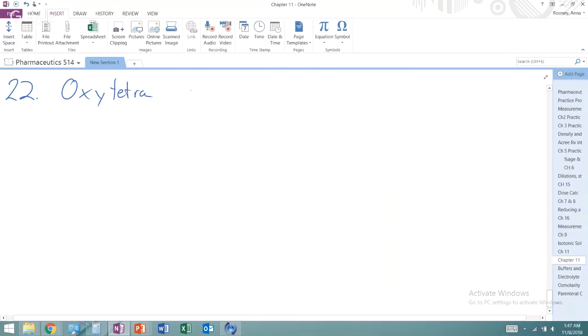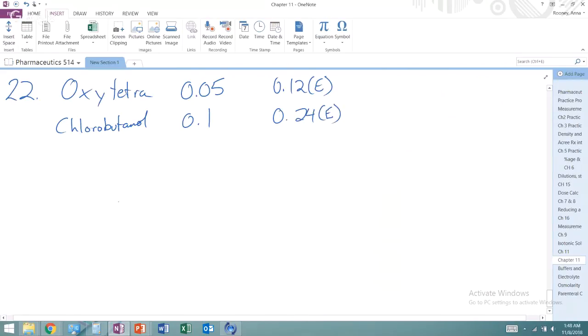Oxytetracycline, and that is 0.05, and its E-value is 0.12 E. And then chlorobutanol, 0.1, and then its E-value is 0.24 E. And then we're going to do NaCl, QS, and then H2O, 30 milliliters.